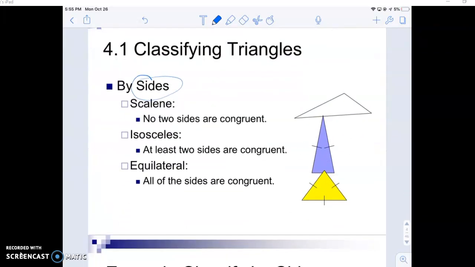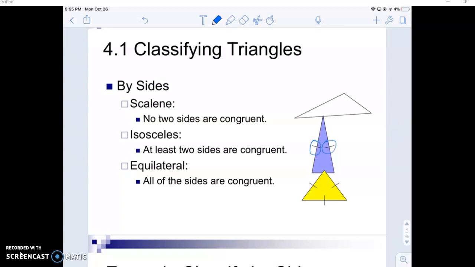So that's classifying them by angles, and then we can also classify triangles by sides. There's three different types. There's what's called a scalene triangle. Scalene is when all three sides are different lengths. Like that's an example of that. Then we have an isosceles triangle. Isosceles is when two of those sides are congruent, like this one.